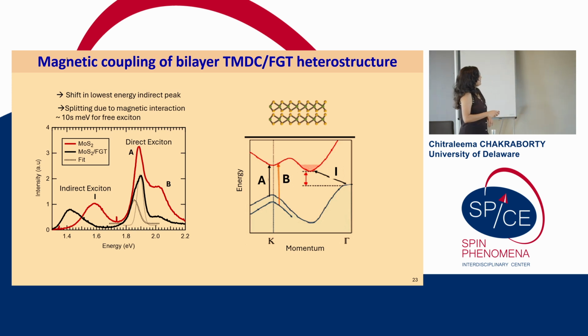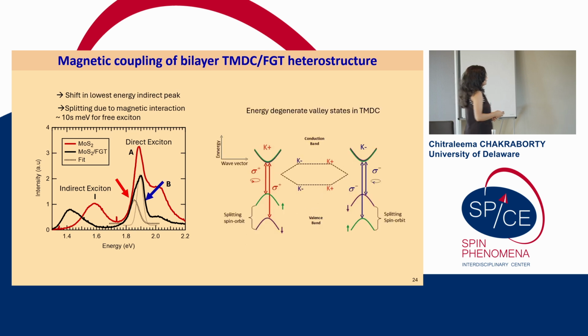For the direct exciton, you can no longer fit it to a single function, but you have to use 2 Lorentzians to fit it, which indicates some amount of splitting happening even at room temperature. So you can again sense the magnetization of these bulk materials using the 2D TMDC.